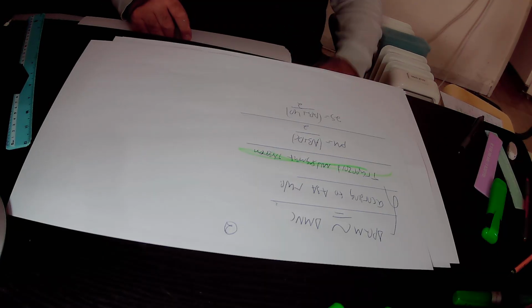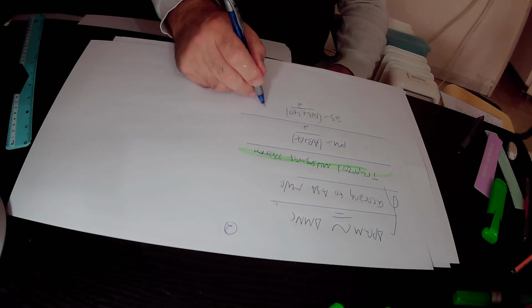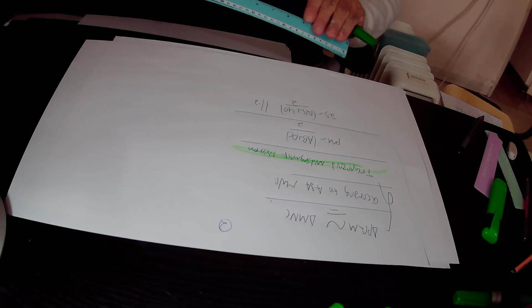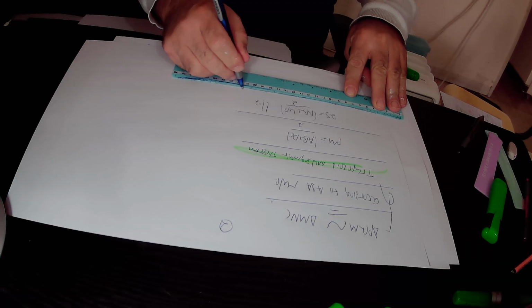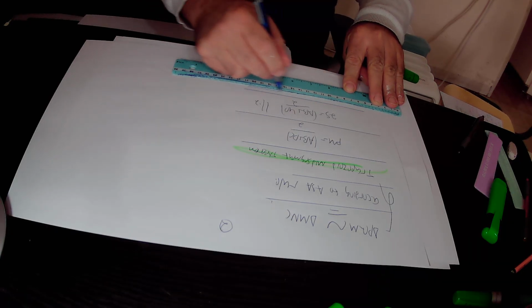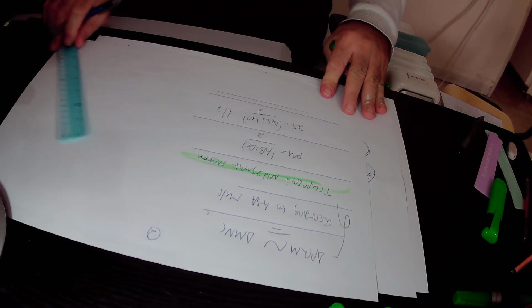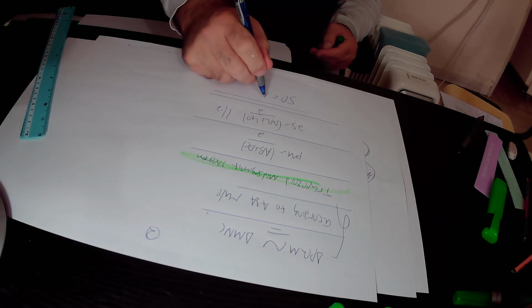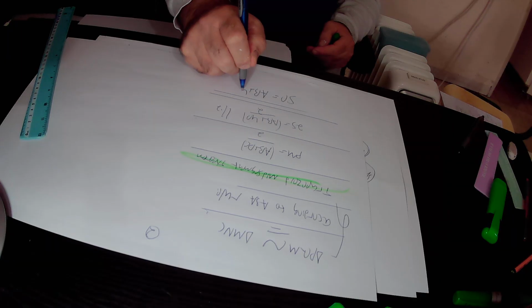Here we multiply this equation by 2, and finally we get that 25 times 2 is 50, so 50 equals AB plus 40.